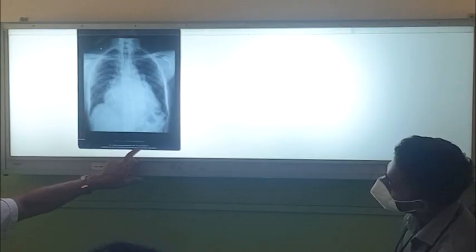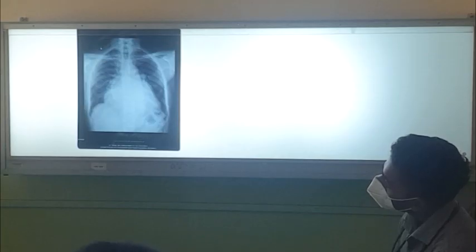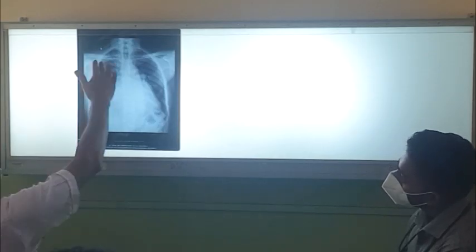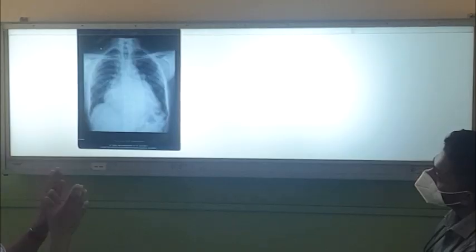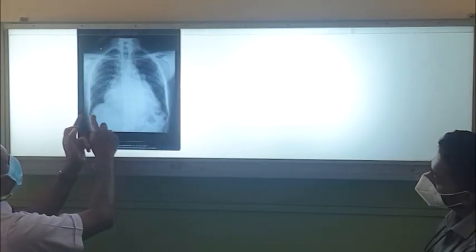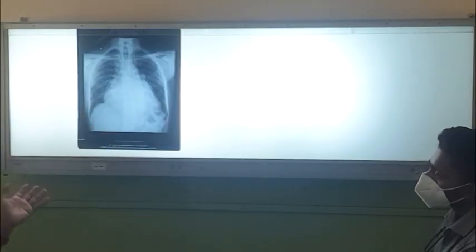It's 22nd Monday. That is it. What about the lungs? All right? And your cardiac shadow should be less than 50% of the width of the chest. So this is a very big heart. Now look at the heart.